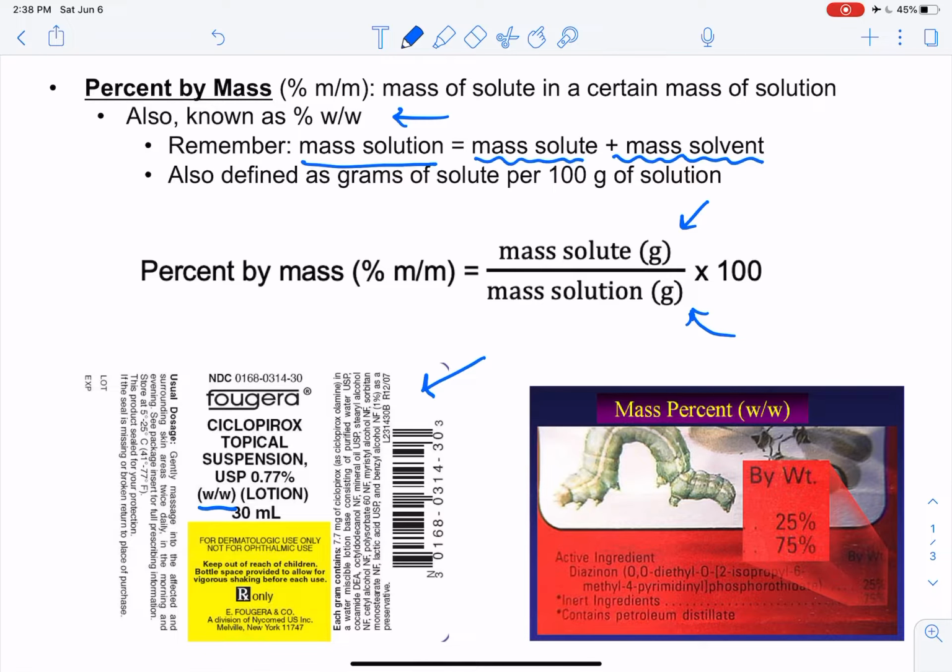Also, you guys can see on this bug spray that we've got a mass percent, and it's 25% of one poison and 75% of the other poison. And that's how they're displaying the concentration for us. So let's move right on to some problems so we can see how to work these.